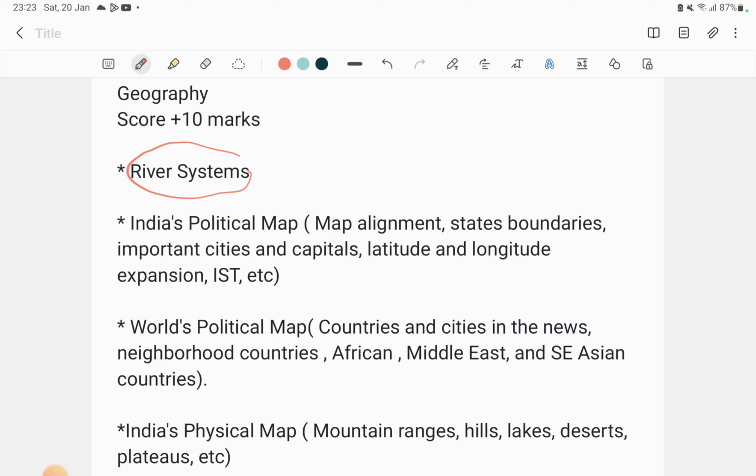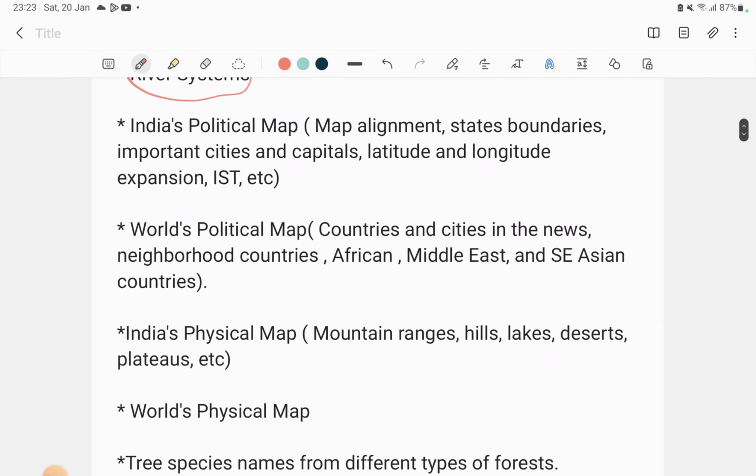So have a look at the countries and their borders in the Middle East, even whether these countries touch any ocean bodies. Are there any physical features in that particular region? So have a complete view of the countries and their borders and any other related cities and the countries which are there in the news. It will really help you.